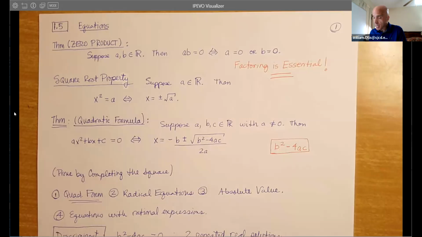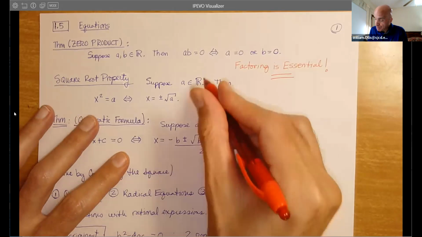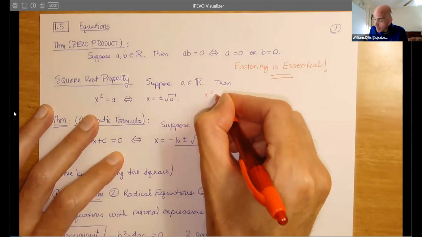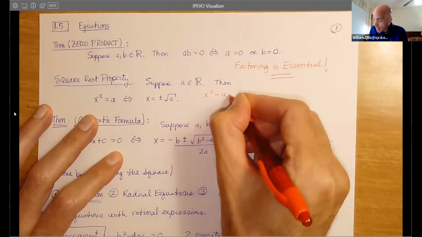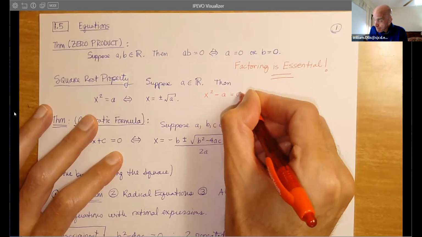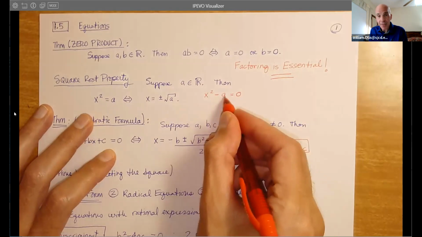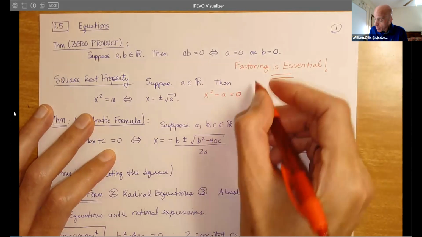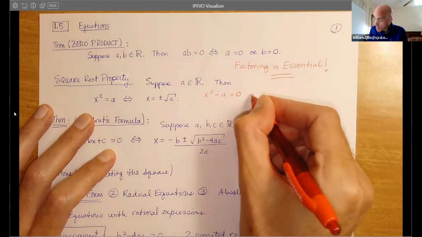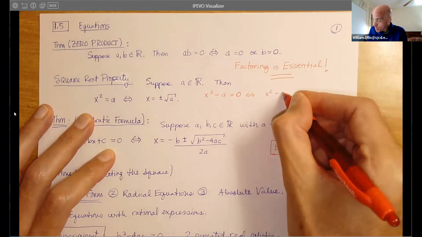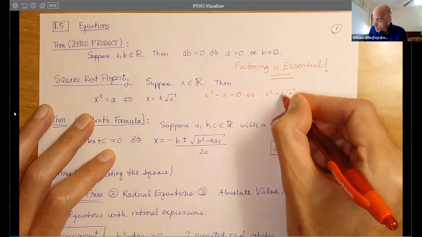So here's an idea that you can put in your notes here. We can say x squared equal a can be written as x squared minus a equals 0. So if we were thinking about going in this direction, we can now write the a as a perfect square. So we can say this is equivalent to x squared minus the square root of a quantity squared.